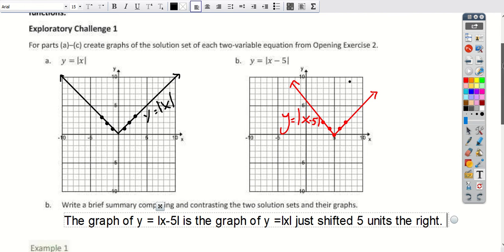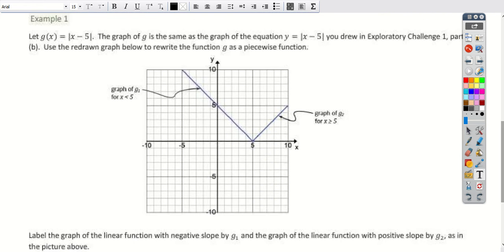Okay. So this is sort of an example of what a piecewise function is.